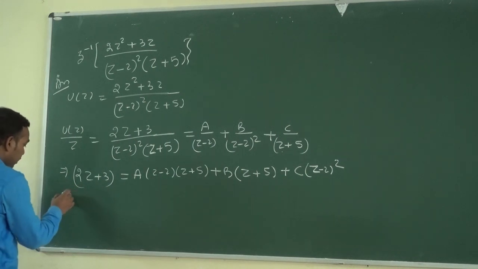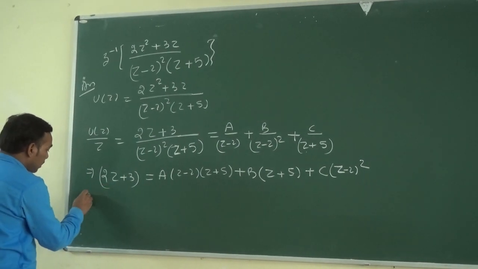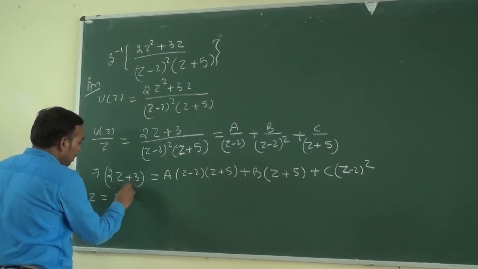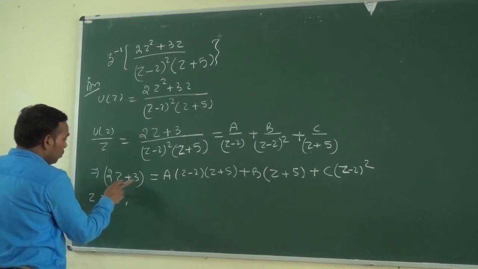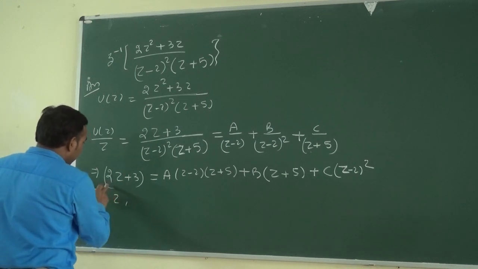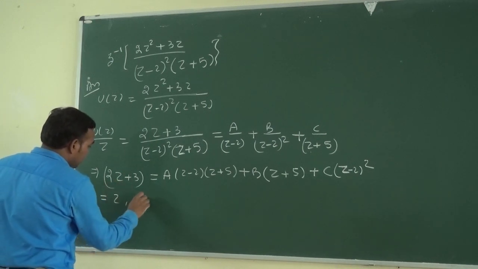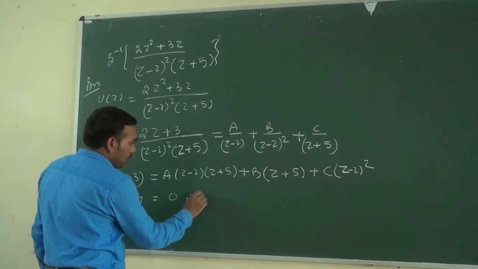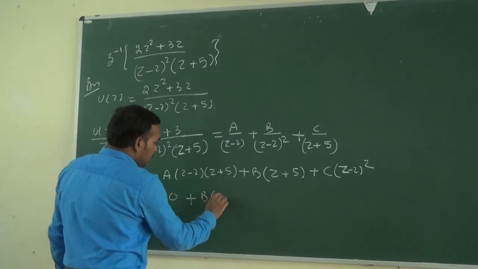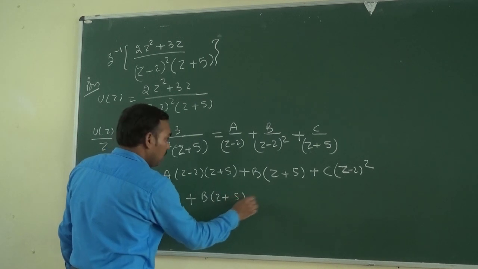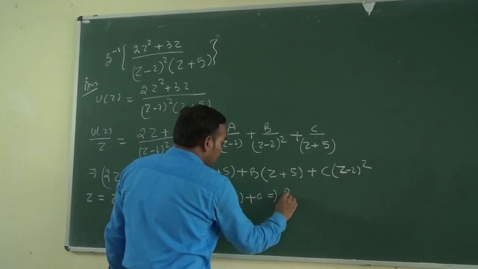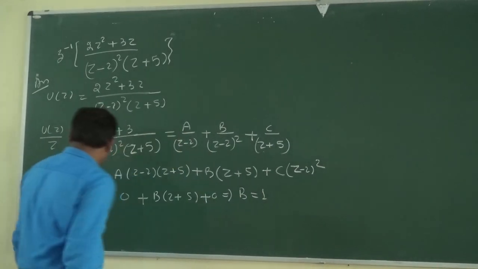Now in this expression put z equal to 2. We get 4 + 3 = 7 equal to 0 plus B(2 + 5) plus 0, which implies that B equals 1.